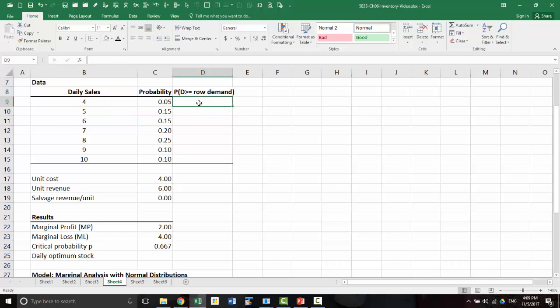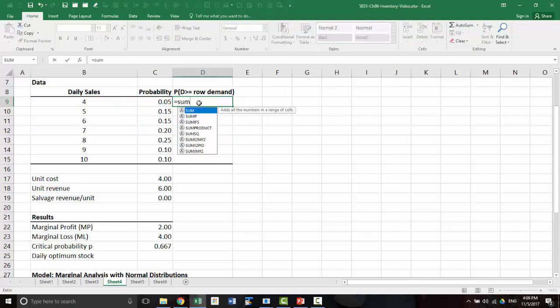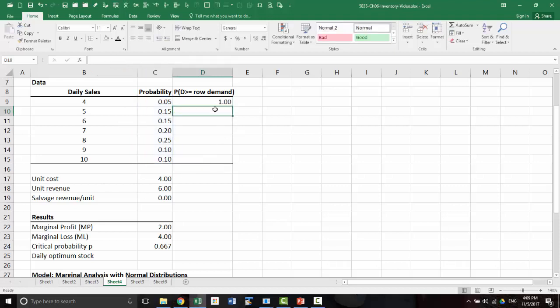So you can set this up as a sum of, starting from here, going all the way down, and the last one alone, if you make that absolute reference, then when you copy this formula down, C9 will change to C10, C11, C12, but the ending point will always remain at 15, and that will be the probability.